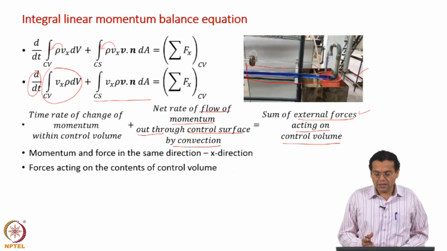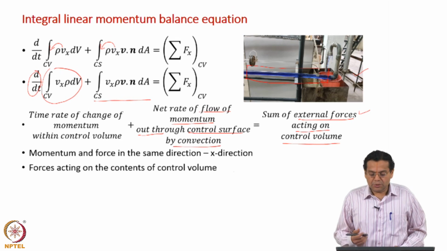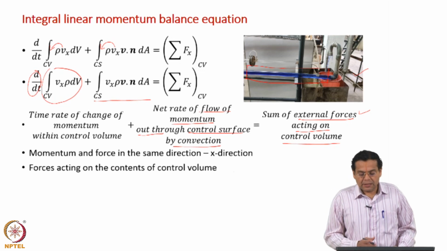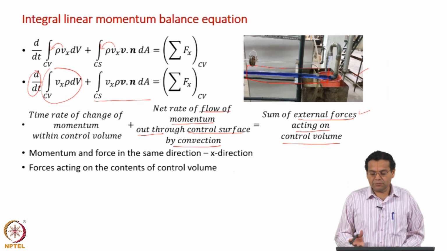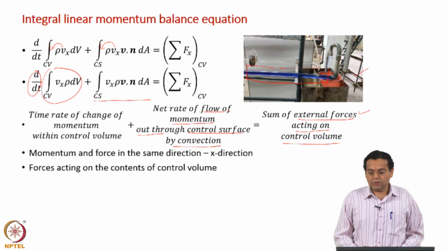So, we account for what is the momentum entering and what is the momentum leaving. Let us say you look at the pipe and say the pipe carries water, let us say colored water. The next step would be saying that mass enters the control volume and mass leaves the control volume. The next step would be saying that momentum enters the control volume and momentum leaves the control volume.